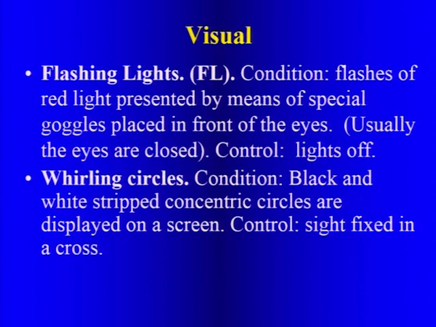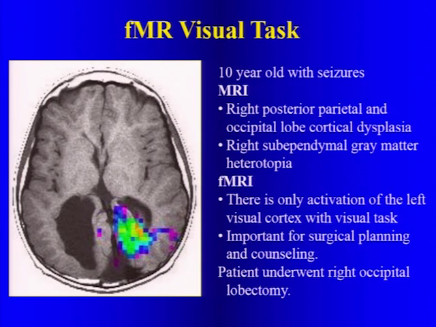So going from language to visual, we use homespun goggles. We put the goggles over the patient's eyes, and we turn it on and off with the rest and the task state, or we put a screensaver in the magnet, and we can turn it on and off as well. And this is a 10-year-old with seizures.